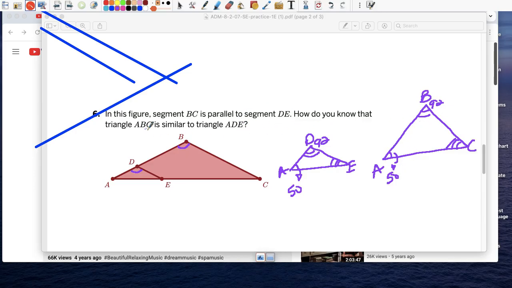So how do you know the triangle ABC is similar? Because angle A, the first angle A on both, is the same value for both triangles.